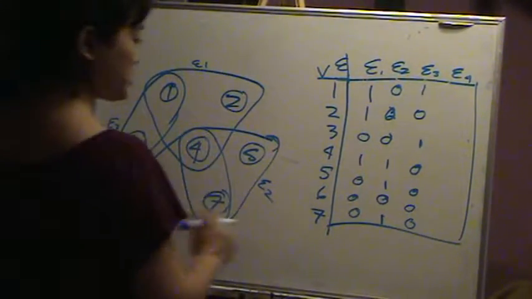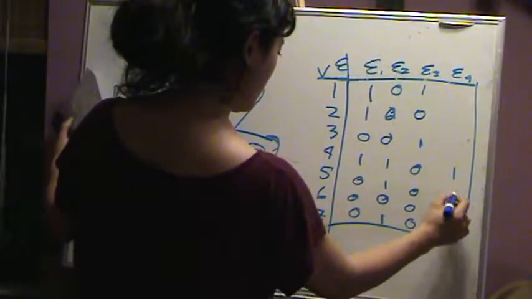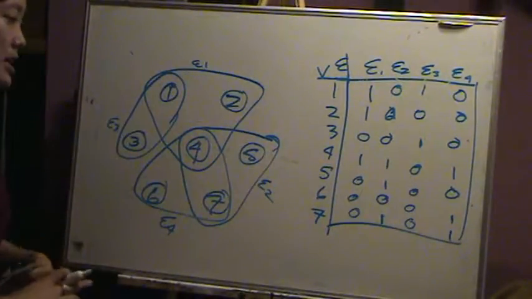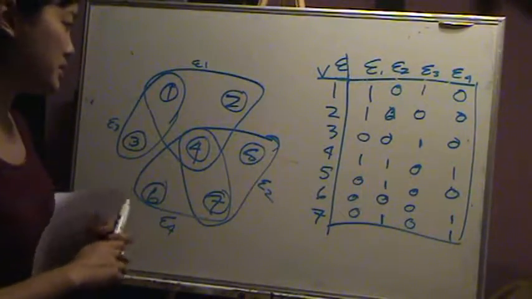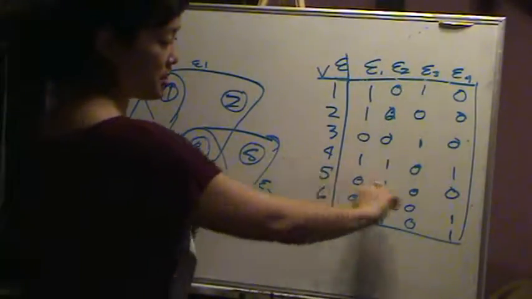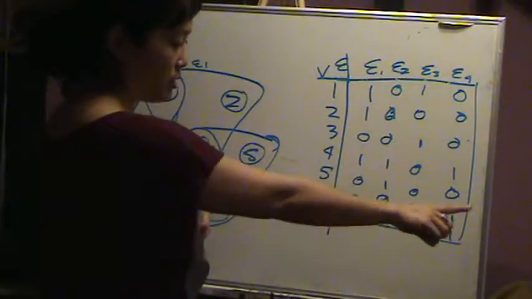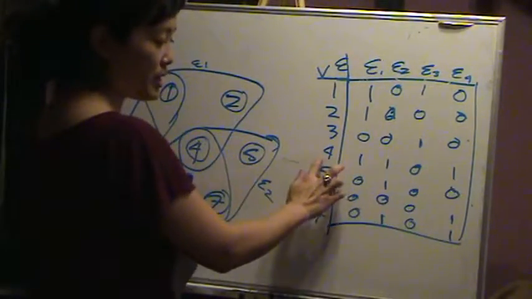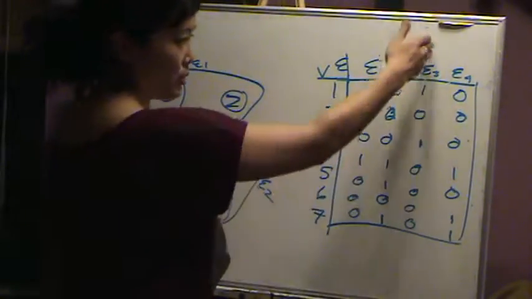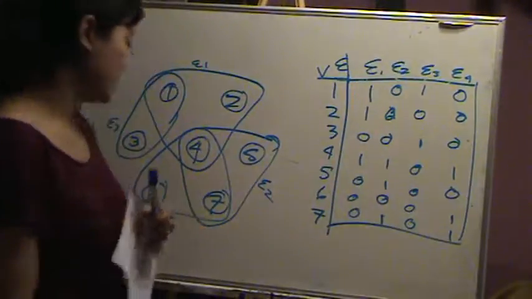And E4, 4, 6, and 7. 0s everywhere else. Alright, and we can see from here that if we look across a row, so let's say we're looking at vertex 4, the row for vertex 4, we can see each edge that contains 4. If we're looking down a column, we're looking at every vertex in an edge.